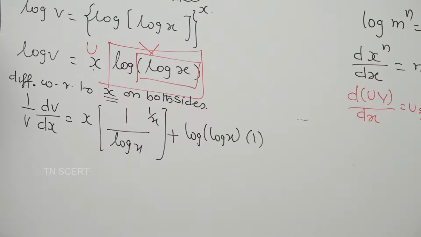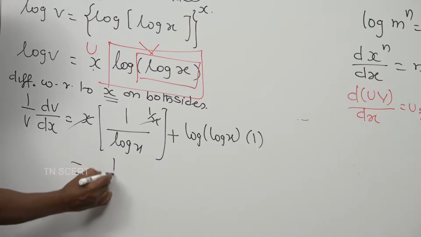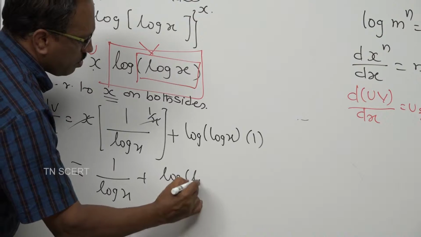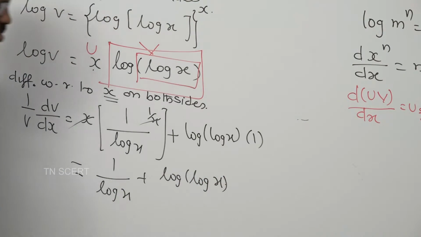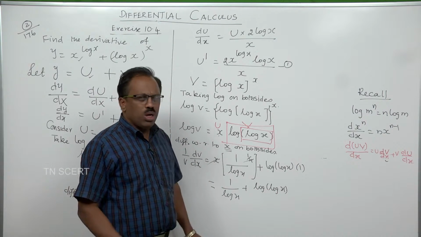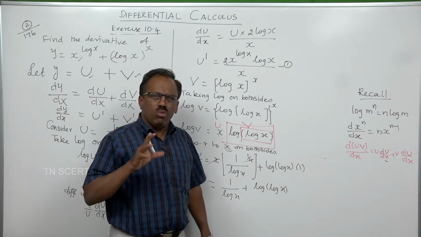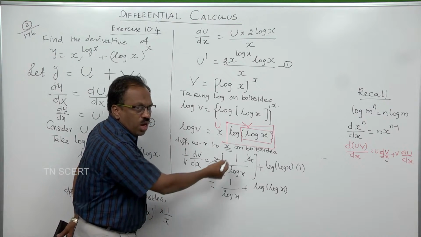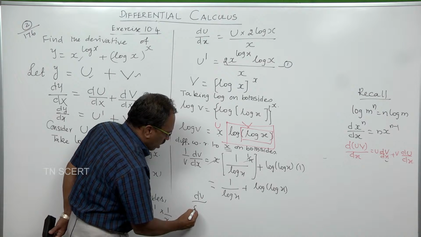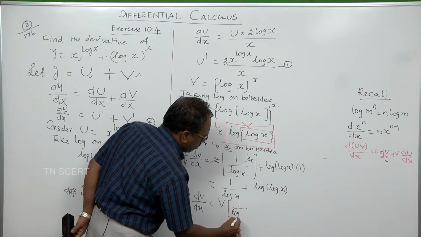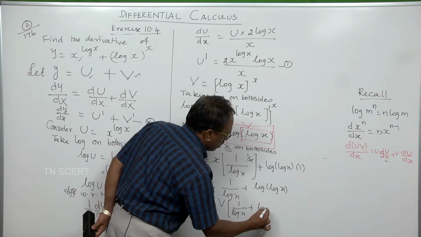Now you can carry over, and this x and this x get cancelled here. That means 1 by log x plus log of log x. If you want, you can simplify; if you do not want to, let it be as it is. And this v we have to carry over to the other side. So dv by dx is equal to v bracket 1 by log x plus log of log x.